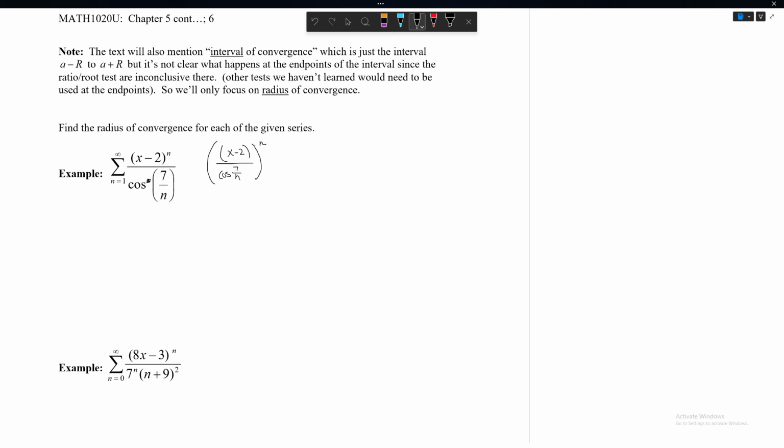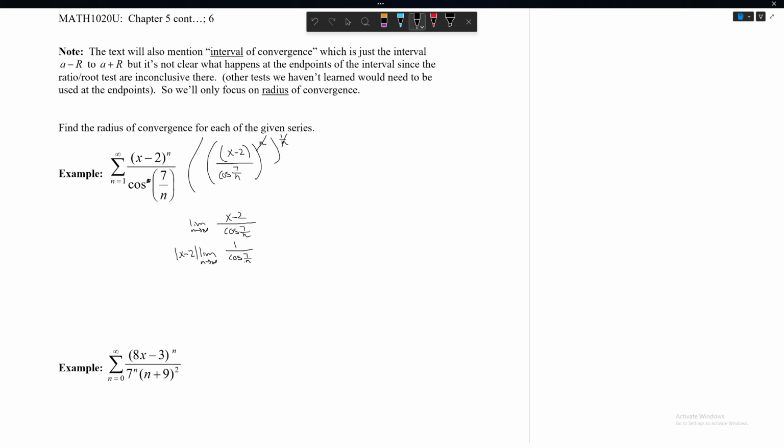Now when I got it looking like this, my whole thing is to the n. Use your root to the n. Remember, when we use our root to the n, it's basically us saying 1 to the n, and that cancels out with this because n over n is just 1. That simplifies it by a lot, and that equals cos 7 over n. Take my x minus 2 out of the limit, remember? So I'll get absolute x minus 2 times the limit as n goes to infinity of 1 over cos 7 over n.